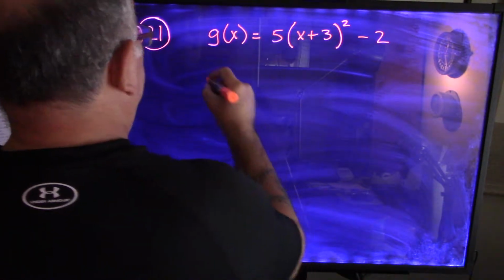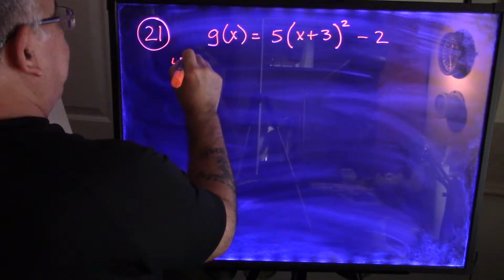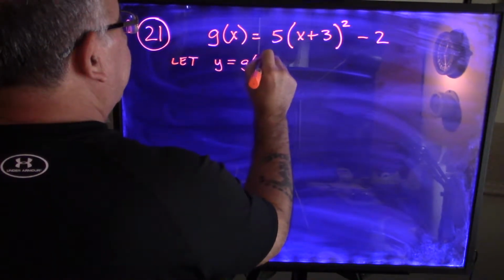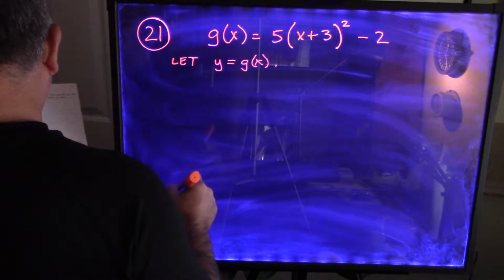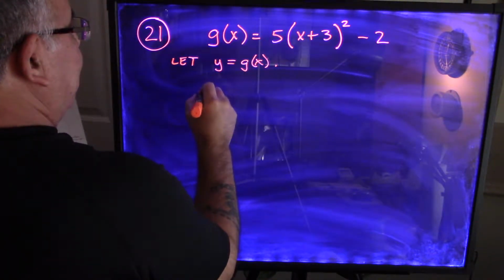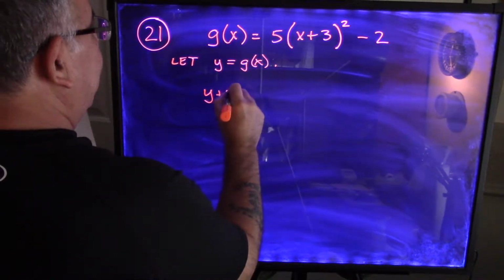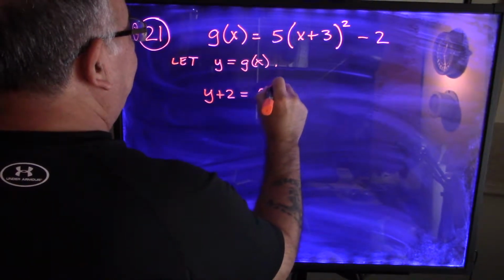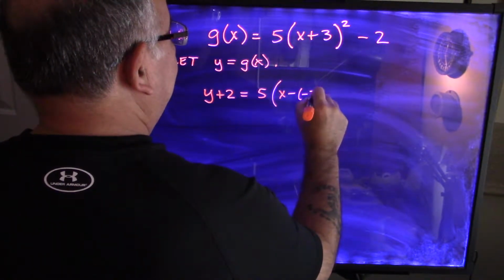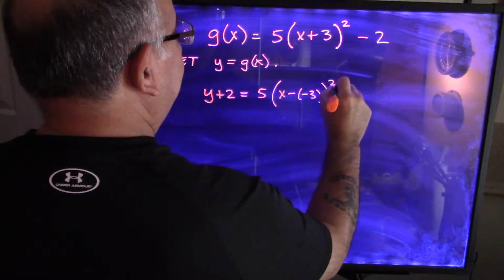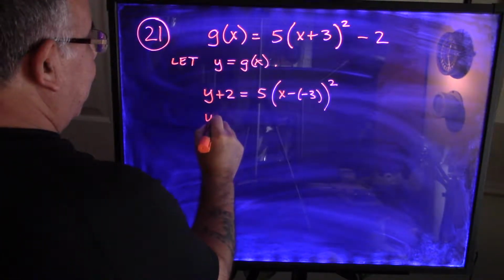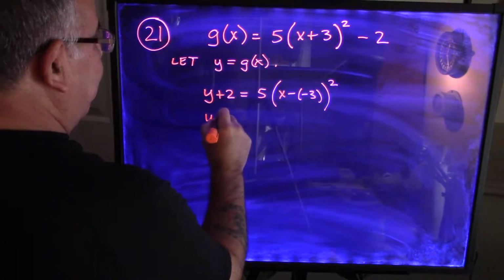First let's let y equal g of x. Then add 2 to both sides: y plus 2 equals 5 times parentheses, I'm going to write that as x minus negative 3, squared. And then divide both sides by 5, and I'm going to write that as minus a negative 2.